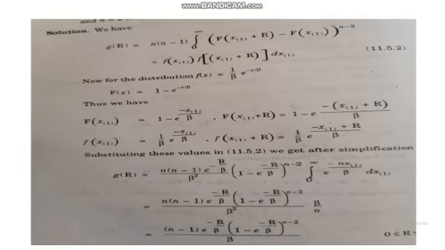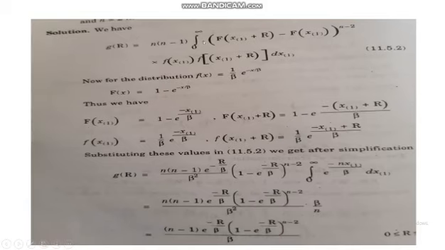What we will do, we know the formula given over here is this one, and in this we need to find out the CDF of x1 plus r, the CDF of x1, the PDF of x1, and the PDF of x1 plus r. So f of x is given to us, and capital F of x may be found out; you know how to find the CDF of any density function, which is given over here.